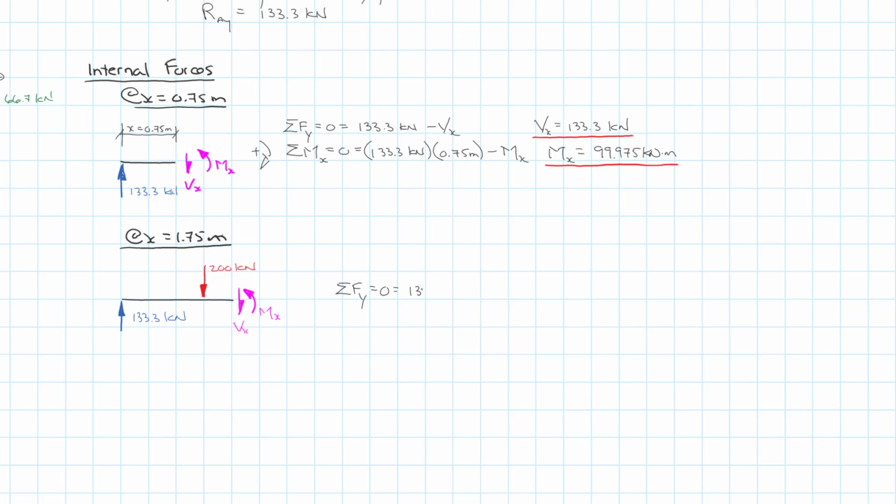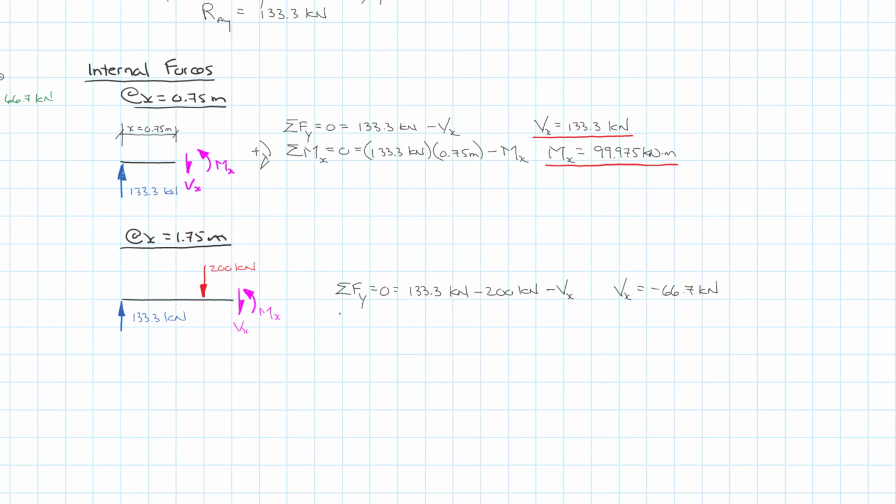So we have 133.3 kilonewtons acting up minus 200 kilonewtons acting down minus V at x acting down. So we isolate for V at x and solve to get negative 66.7 kilonewtons. So that's great. We just need the M at x.